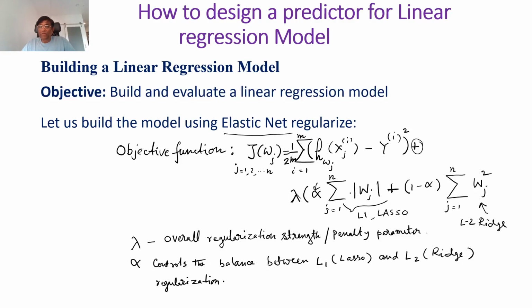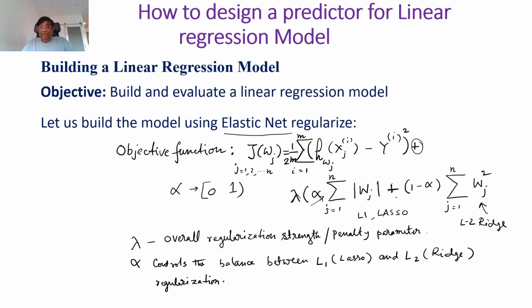These two regularizers, you see what you have done. Alpha is a value that we choose in our design process, and alpha lies between 0 and 1. If alpha equals 0, that means you have not incorporated lasso regularization. Your objective function entirely has ridge regularization for further processing.